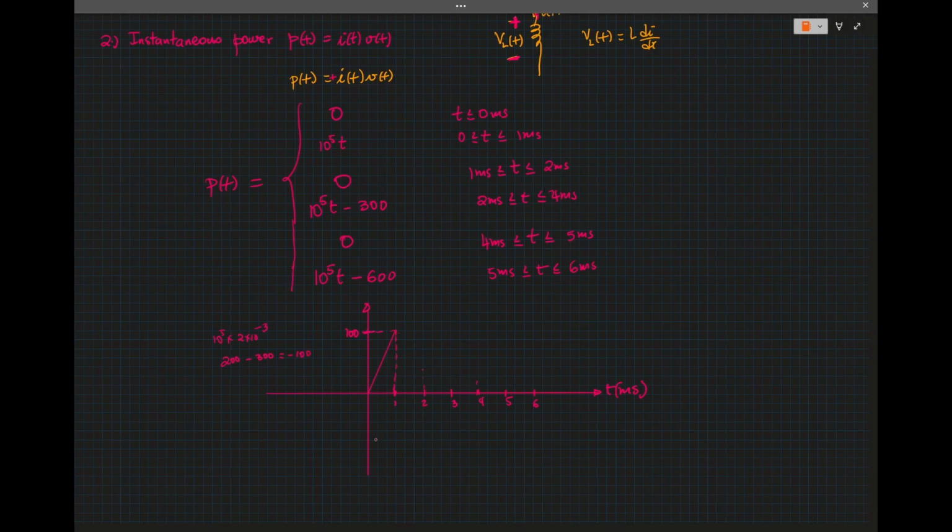So at 2, I am at minus 100. Then when t equals 4, it will be 400 minus 300, that is 100. So that will be this.